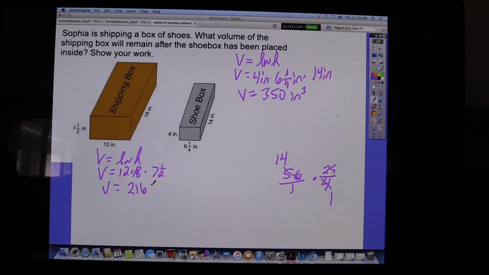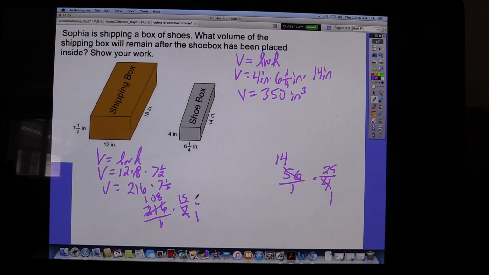216 times 7 1/2. Okay, I'm going to make this 216 over 1 times 2 times 7 is 14, plus 1 is 15 over 2. Alright, I'm going to cross simplify here. I can get one group of 2 out of 2, and 108 groups of 2 out of 216.